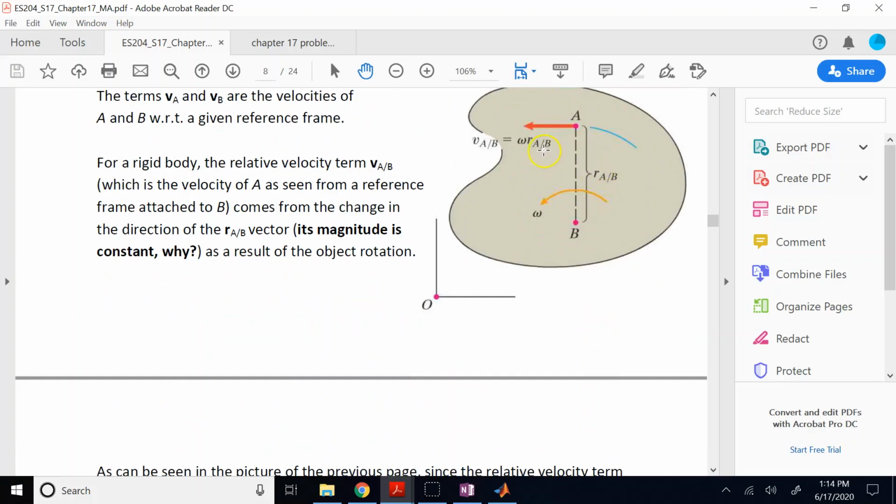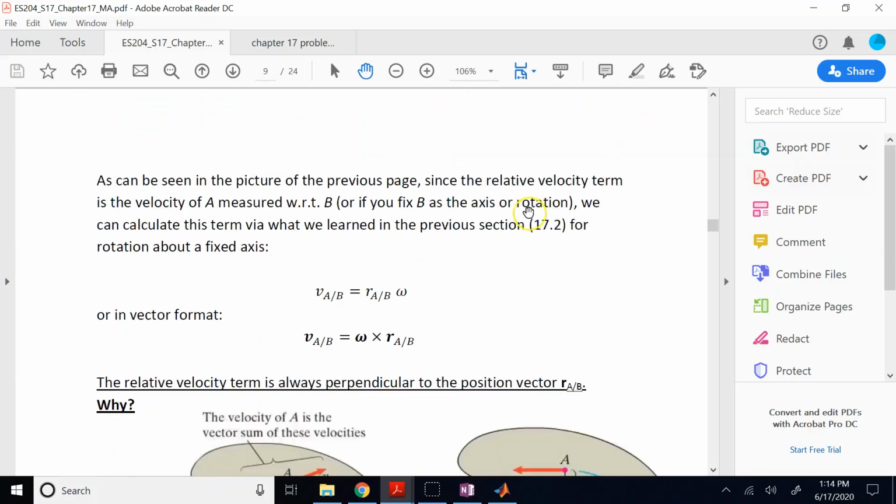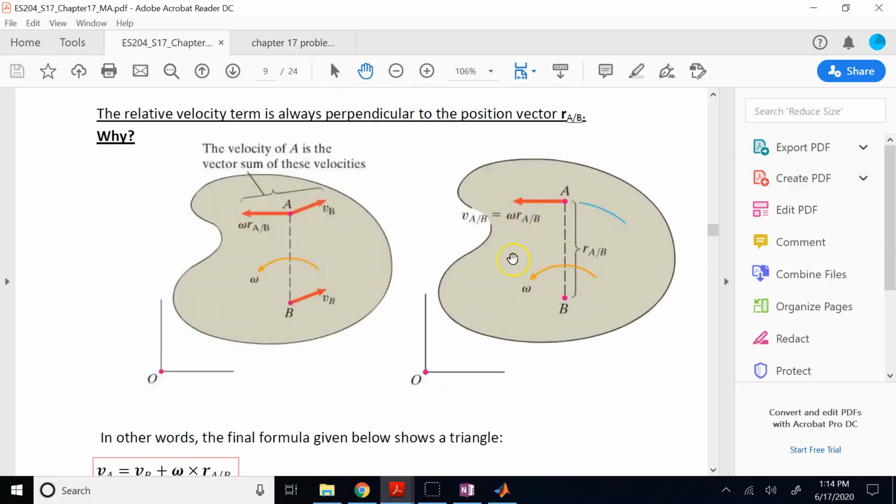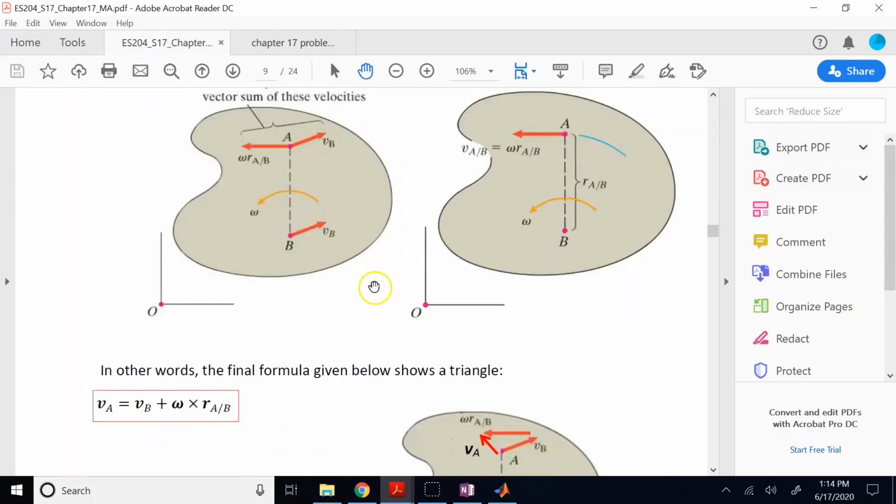And the magnitude of it, if omega is perpendicular to R, not always that's the case, then it's the magnitude of the first one times the magnitude of the second one. But in 2D cases, when life is quite simple, when we want to visualize this equation, it is this.